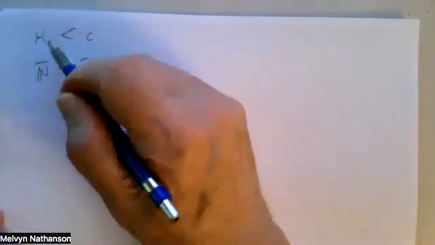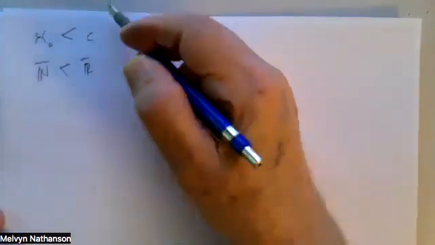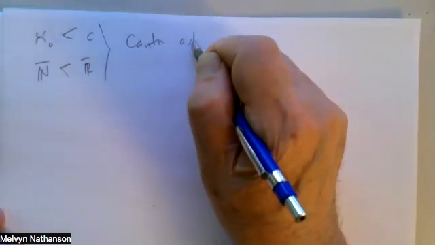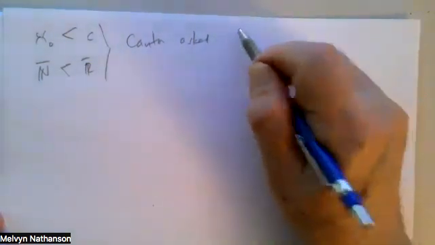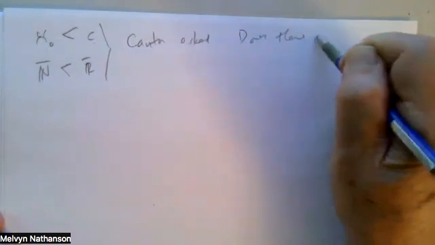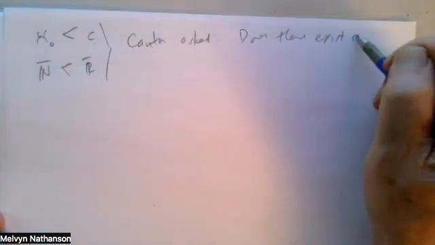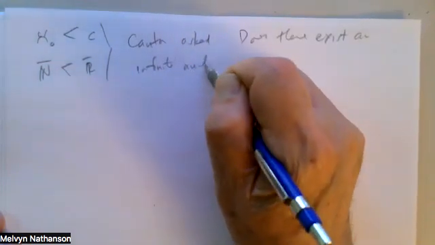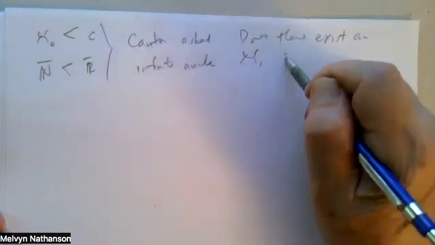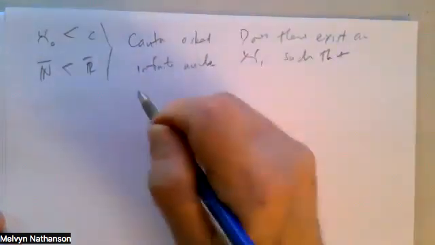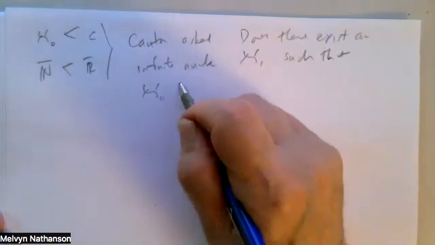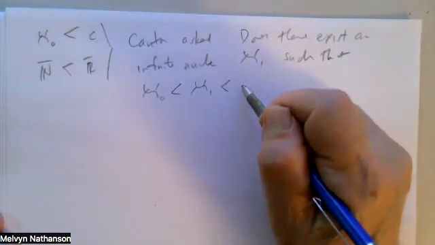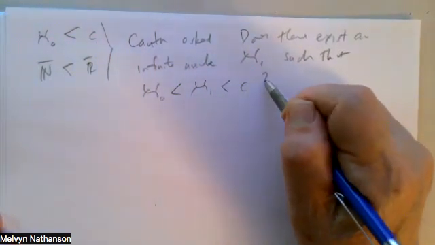And we know that Aleph naught is strictly smaller than C. And Cantor asked the following question: does there exist an infinite number, I'll call it Aleph 1, such that Aleph naught is strictly less than Aleph 1, and Aleph 1 is strictly less than C?